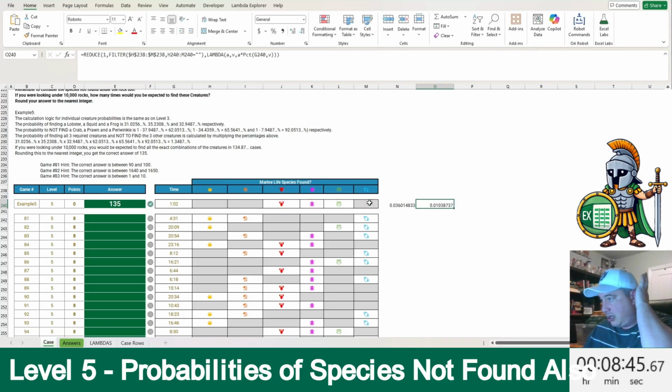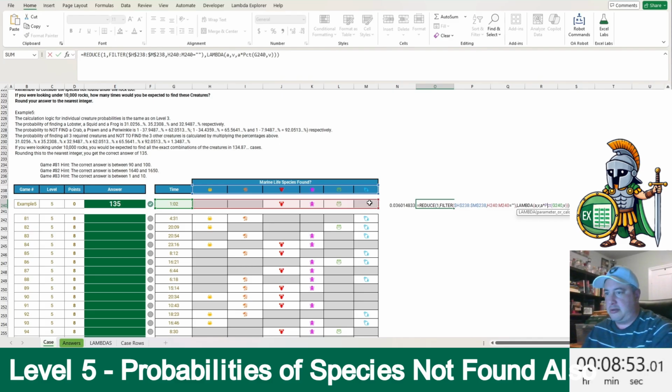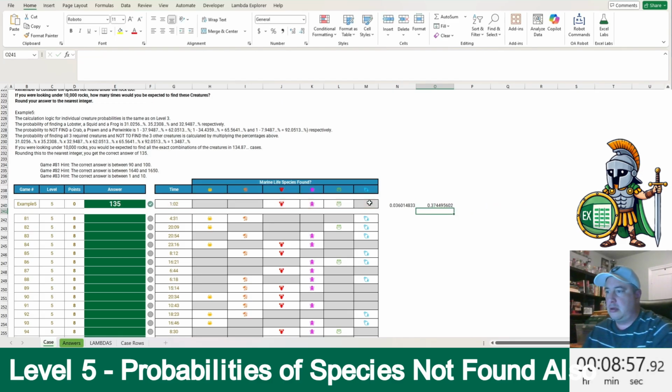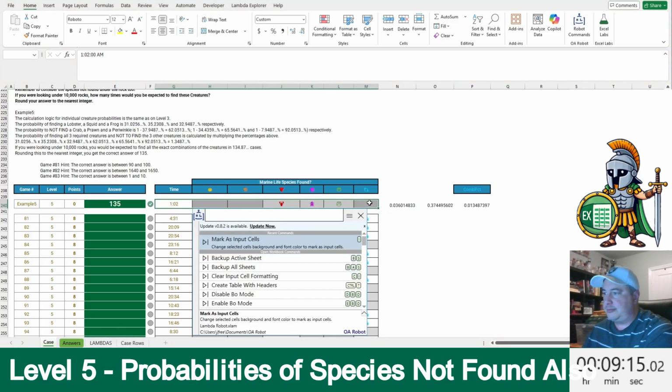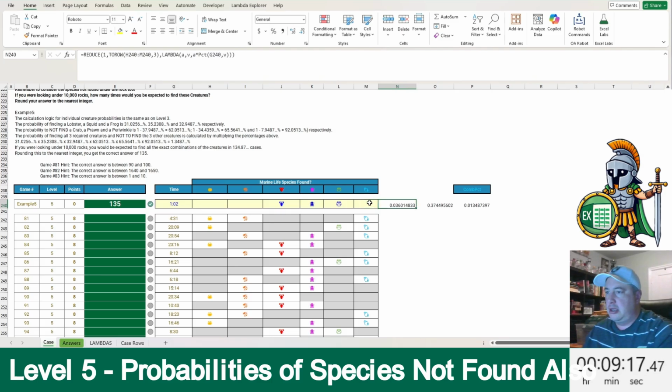Okay. Now we fit this. Yeah, I'm going to need to do a 1 minus here. So now when we multiply these together, yes. So this would be our combined percentage to find a whole array of animals. Let's mark these as inputs. Combined percentage, save lambda.